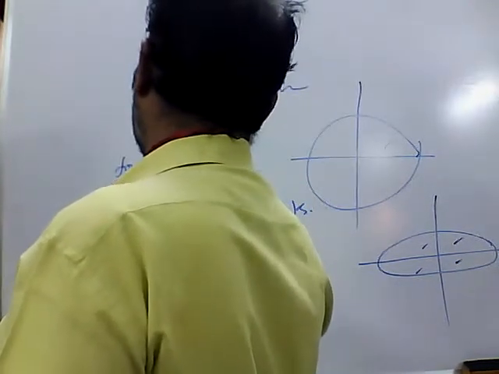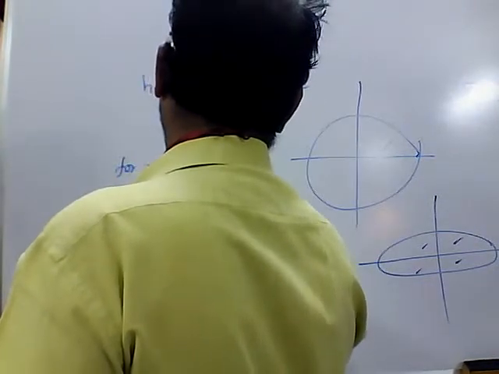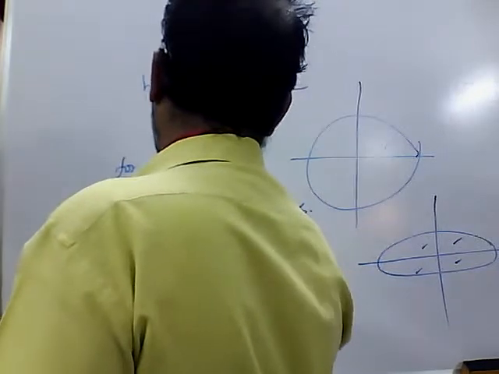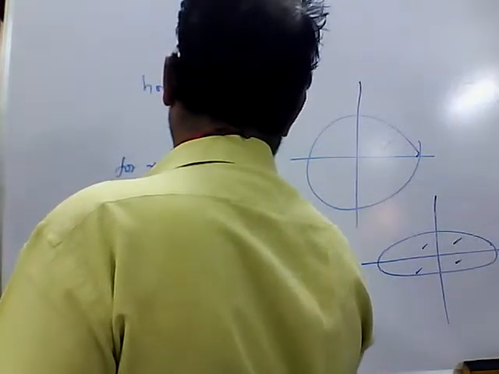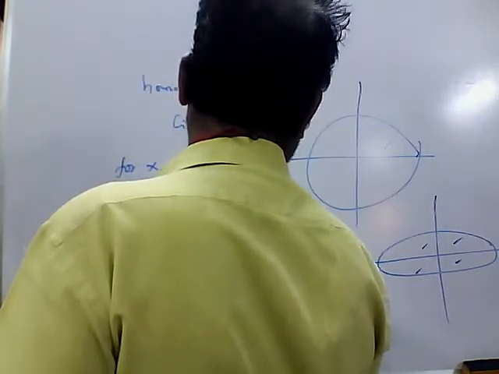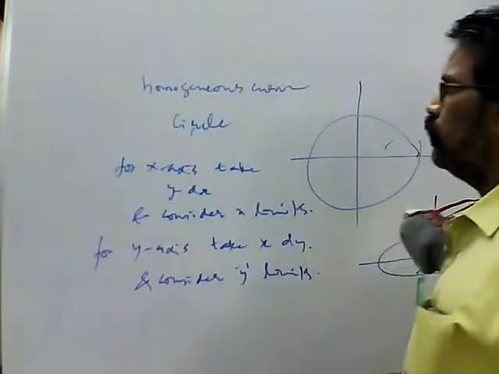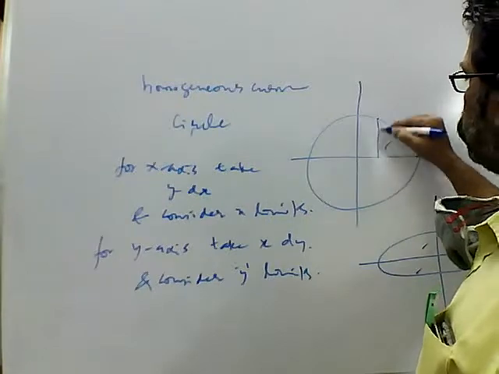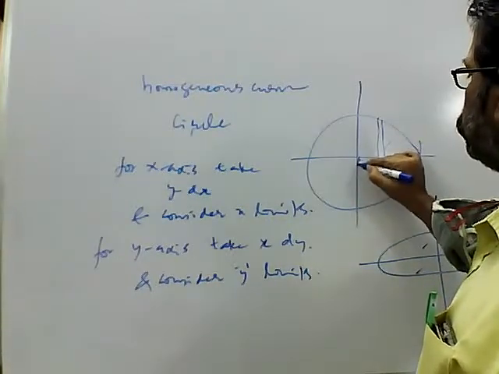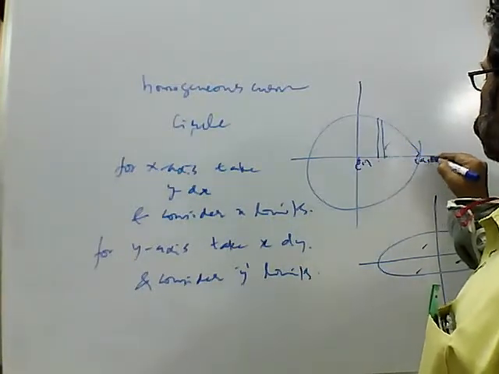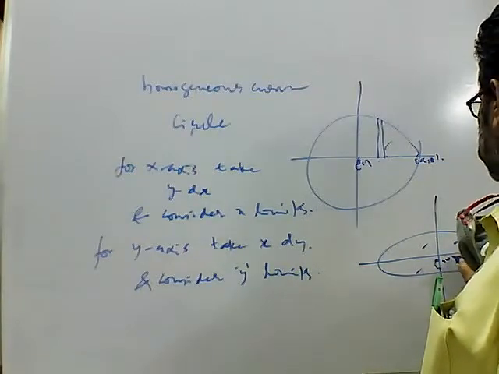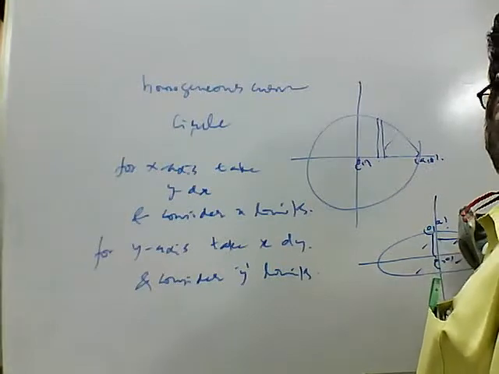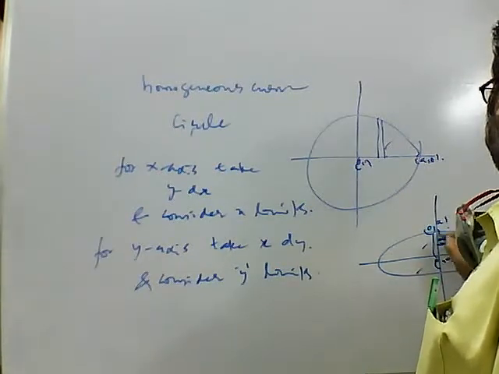For the y-axis, take x dy and consider y limits. Okay, so this is the x-axis, so take y dx like this. So x limits, you have to take 0 to a. Suppose this is 0, 0, this is 0, a. So in other cases you have to take y limits, this is x dy. So likewise you have to go.